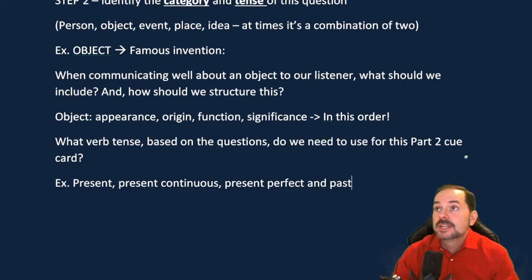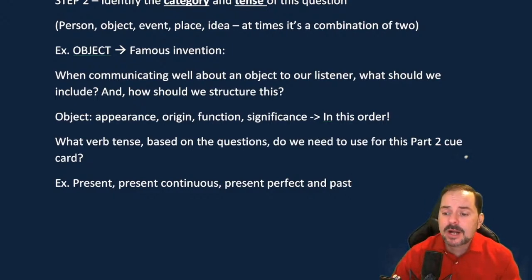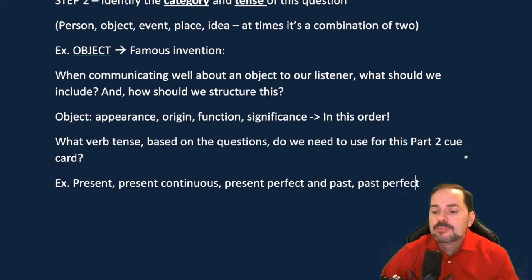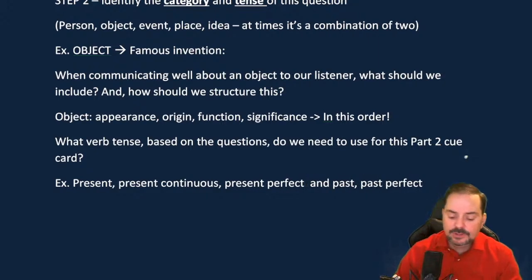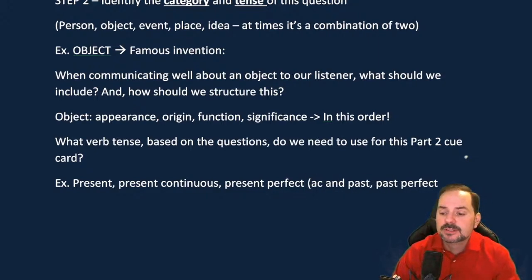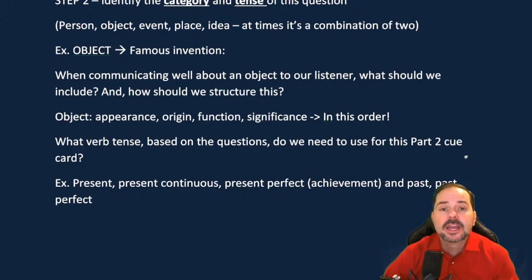Okay, and Harmail says maybe some past perfect as well. Yeah, maybe some past perfect as well. So yeah, I agree. Okay, present perfect we have to use because it shows achievement.